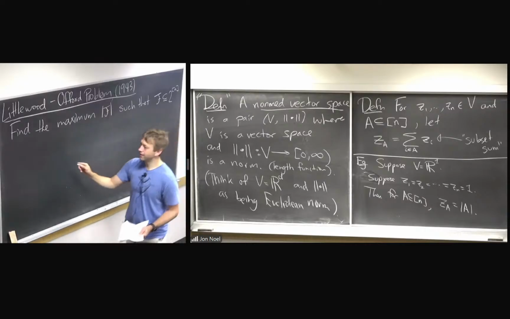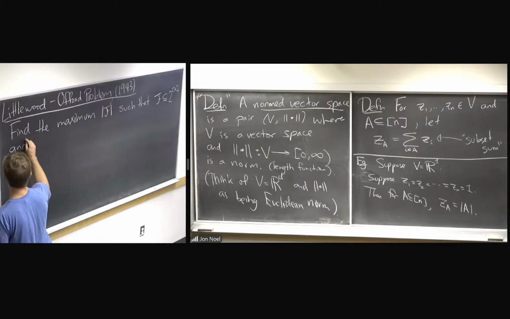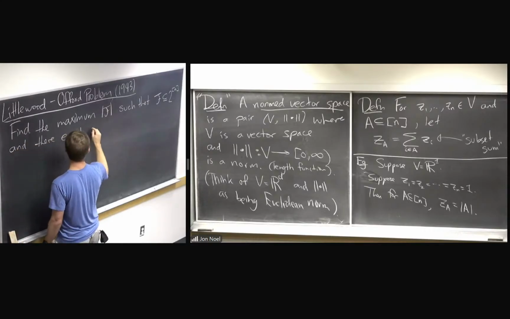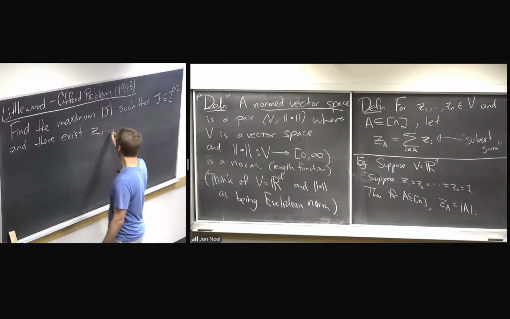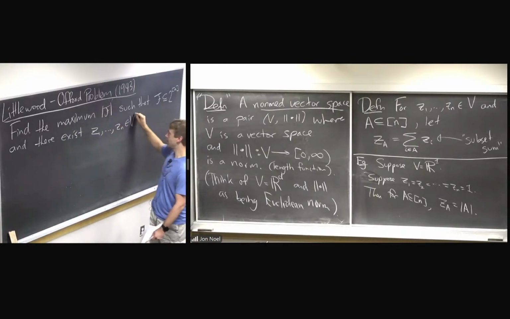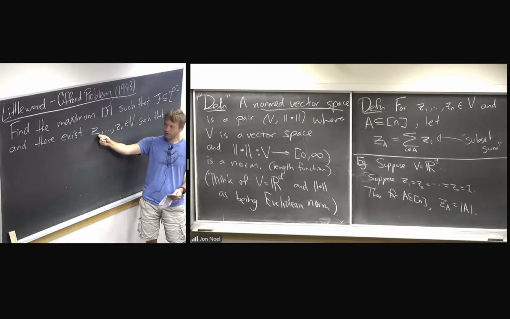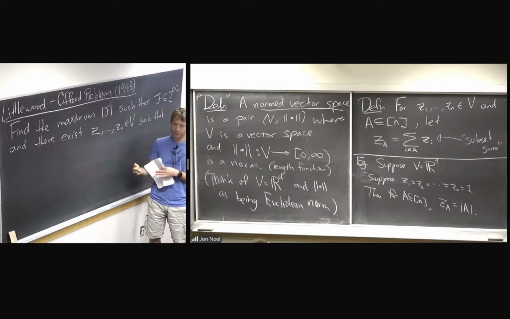And there exists some Z1 up to Zn in this vector space. So that's maybe for some vector space, try to solve, so such that, the rule is that all of these vectors have to be length at least 1.